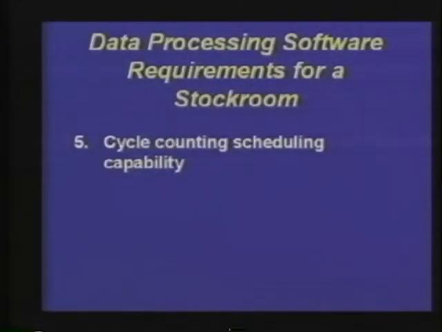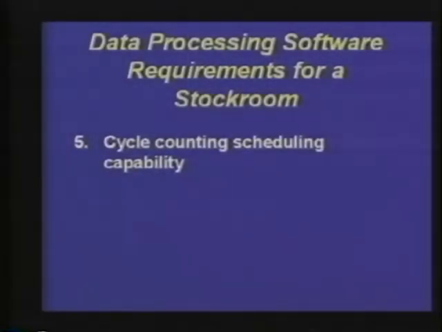In other words, what we want to accomplish is a FIFO transaction analysis. FIFO, first in, first out. And then, as item 5 indicates, we generate the cycle counting schedule, which is the date codes.